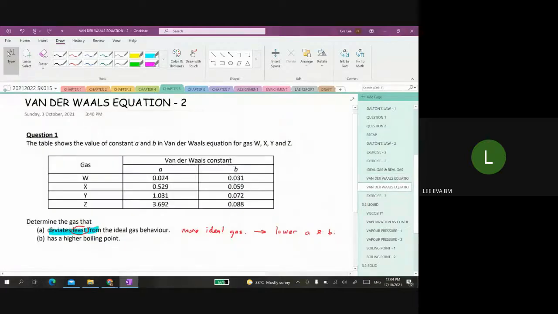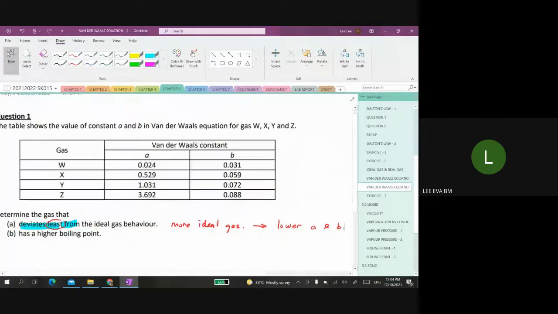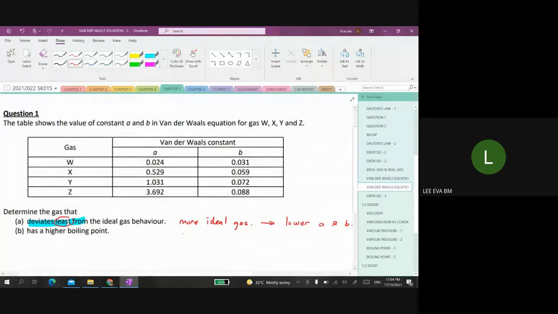Okay. So deviate least from the ideal gas behavior. Yes, it deviates, but we still want a more ideal gas over here. So which gas gives you the lowest value of A and B? So out of W, X, Y, Z, which one gives you the lowest set for both? W. Gas W over here, right? It's because we have the lowest value of A, 0.024.